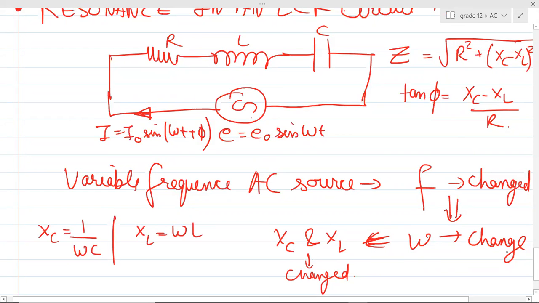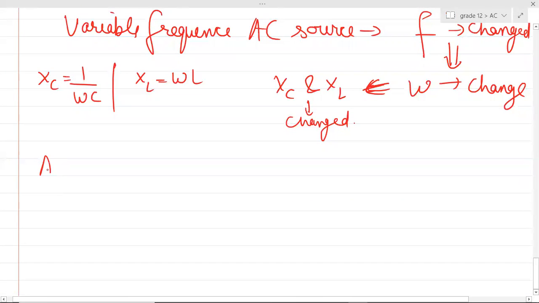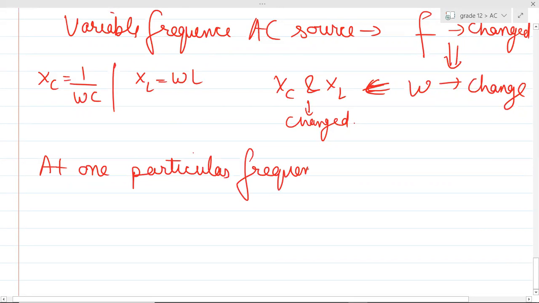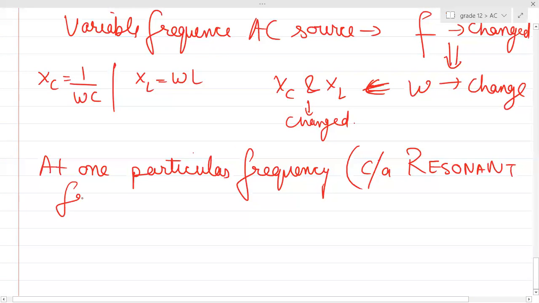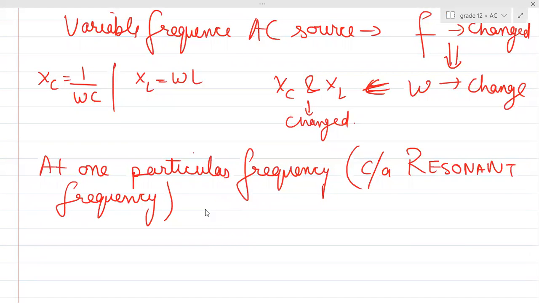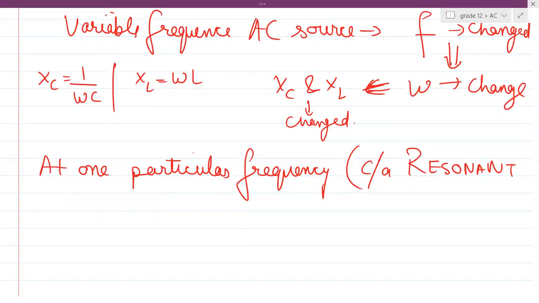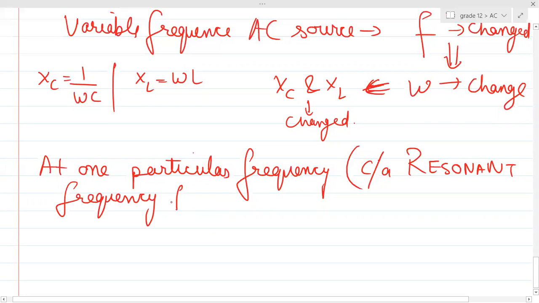So if XC and XL can change, then at one particular frequency, which is called the resonant frequency, let's give it the symbol f naught.